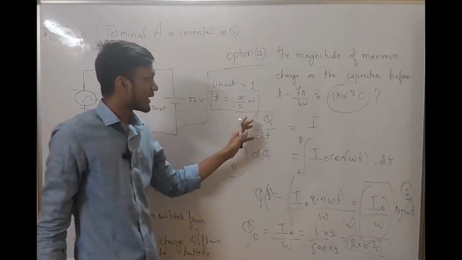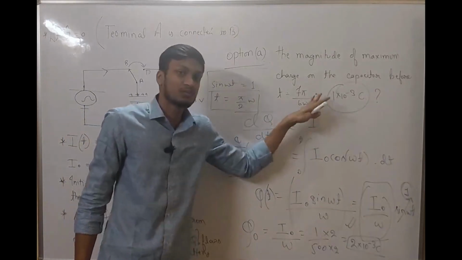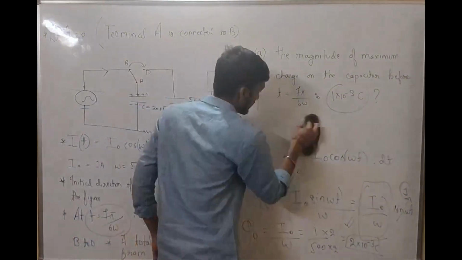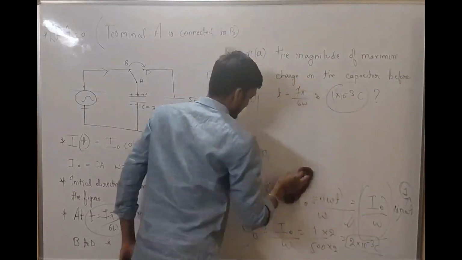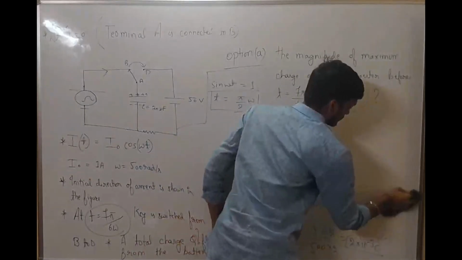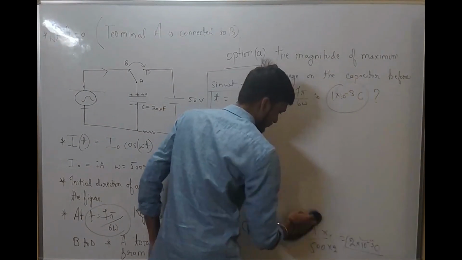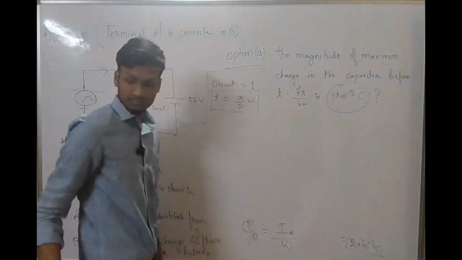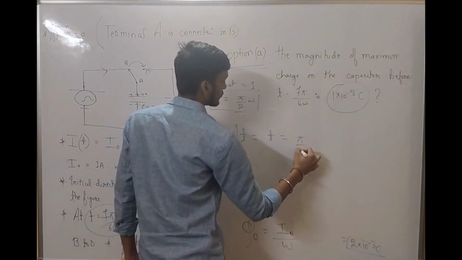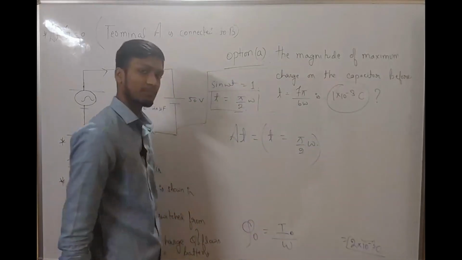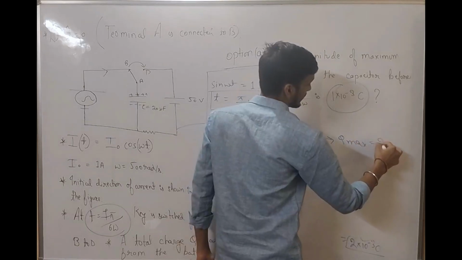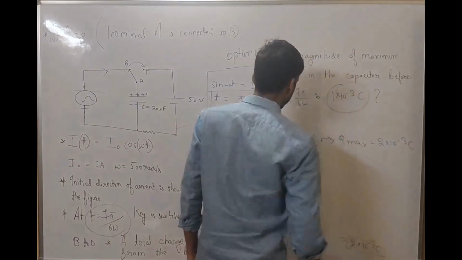Let's move forward and analyze the time and the charge that are given to us in the options, using the answer that we got through the solution. dq by dt is I. So at t equals pi by 2 omega, the charge is maximum, and at this point of time the maximum charge is 2 into 10 to the power minus 3 coulomb.